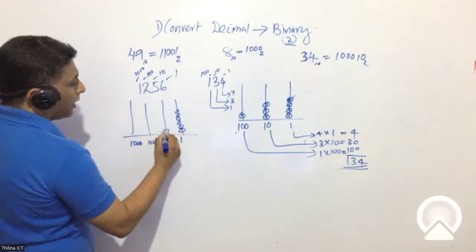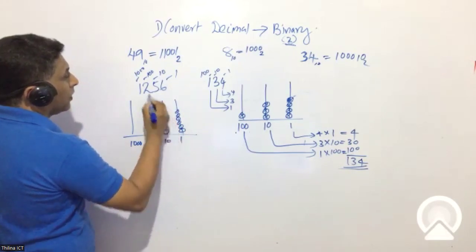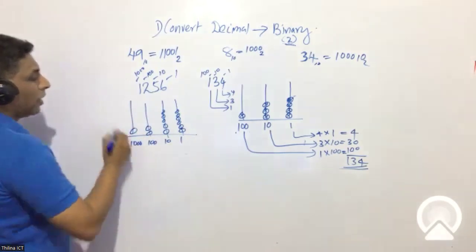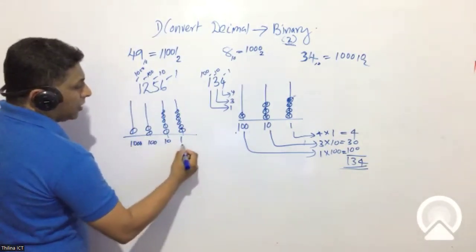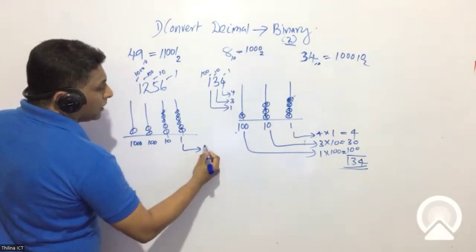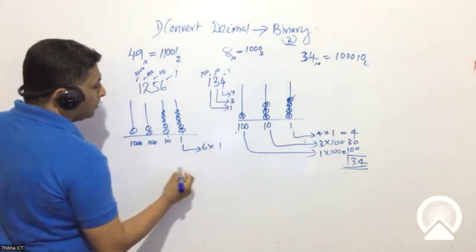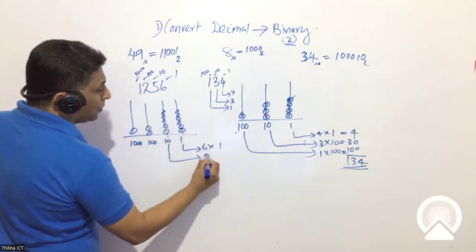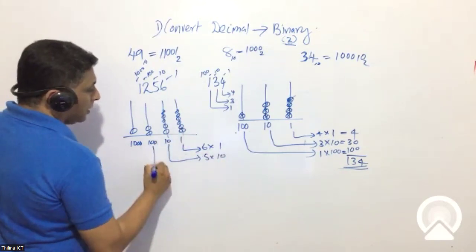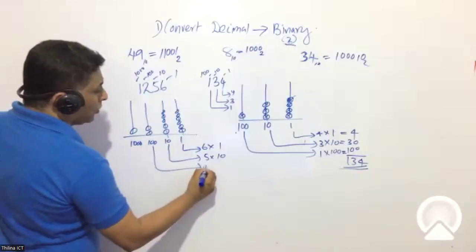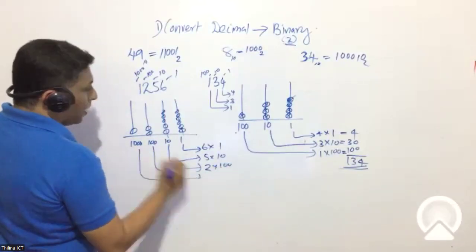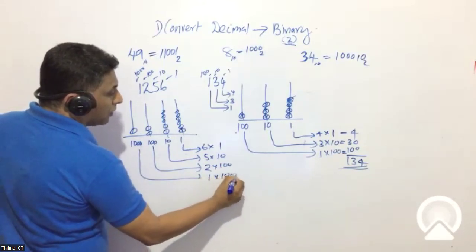And here 5 tens. Here 2 hundreds. Here 1 thousand, 1 bead here. So 6 into 1 here, 5 into 10 here, 2 into 100 here, 1 into 1000.